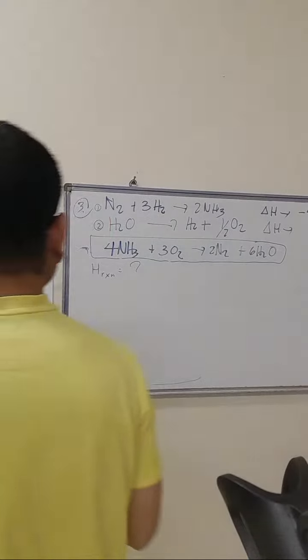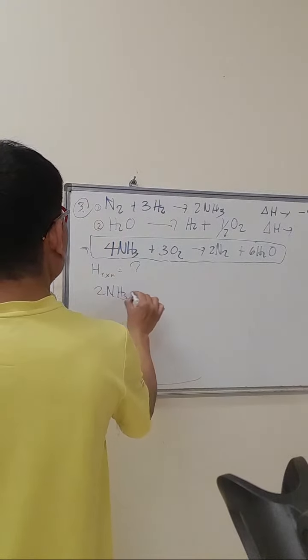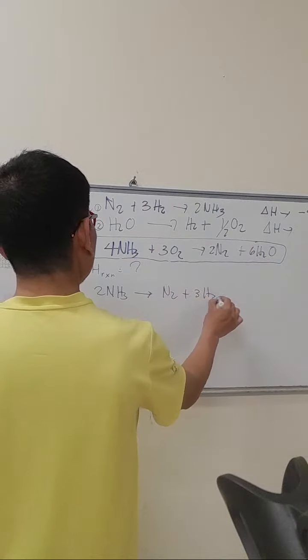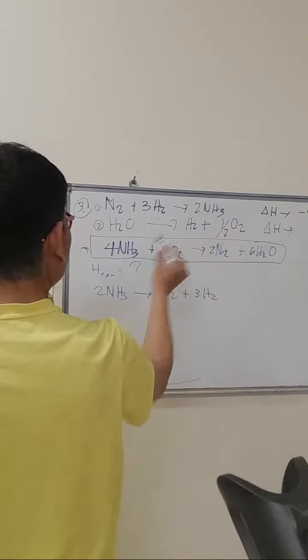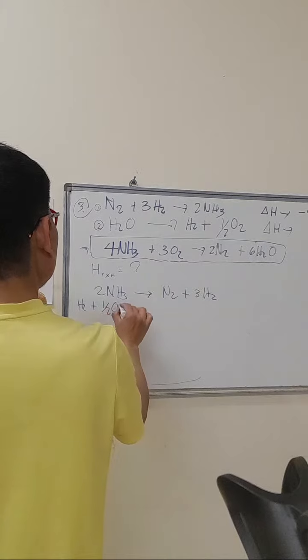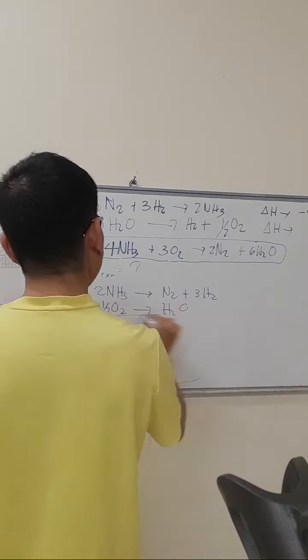Okay, let's say 2NH3 is equal to N2 plus 3H2. Then reverse equation 2: H2 plus 1/2 mole of oxygen gas is equal to H2O. Add them both.